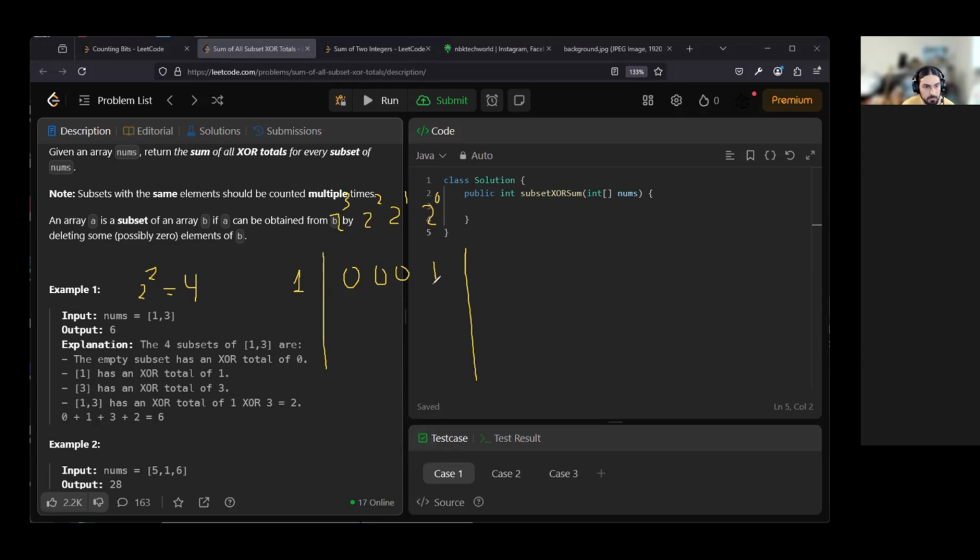If you want to convert to decimal, you take the binary bit, multiply by 2 to the power, and add them all. Let's take the 3 here. What's its representation? That's a 1 plus a 2. That's a 3.